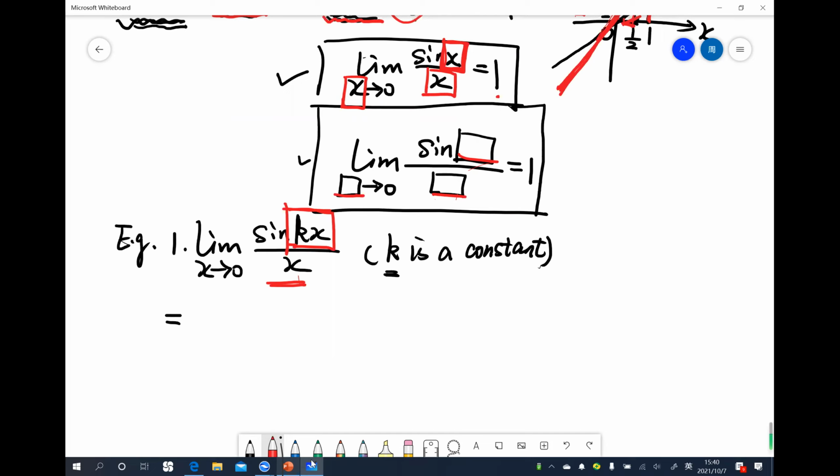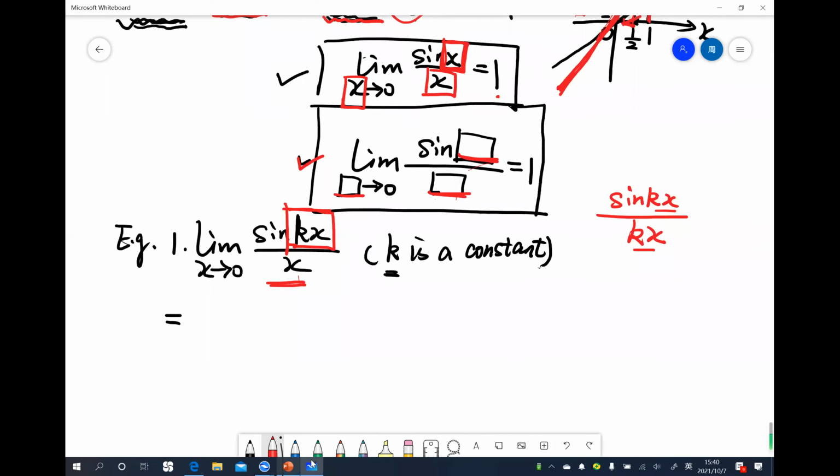If we want to use this general formula, these two parts must be the same. Here we have sine kx, so we want kx as the denominator. That means they are the same. Can you understand, guys? Yes, Laoshi.